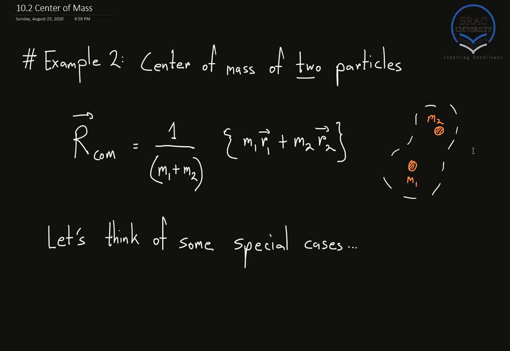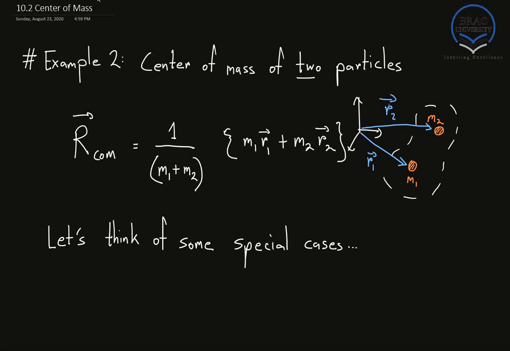Of course, we have to select a coordinate system first to even talk about the position vectors. So suppose you have this vector r1 and this vector r2, right?